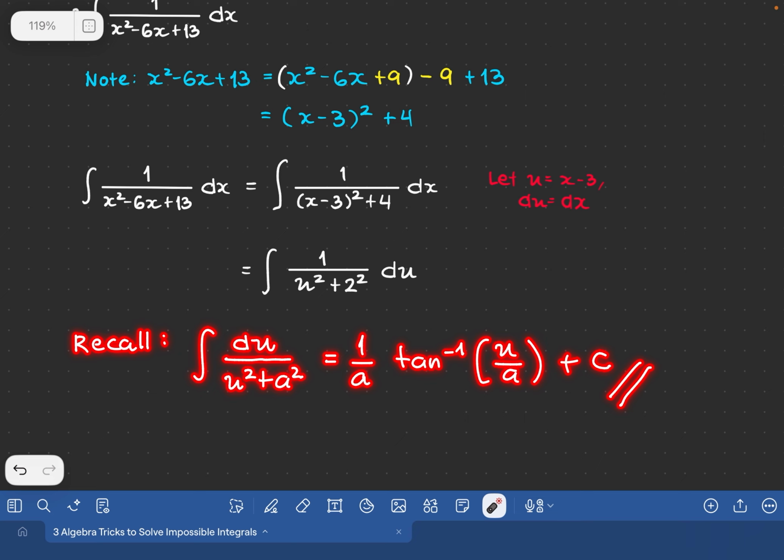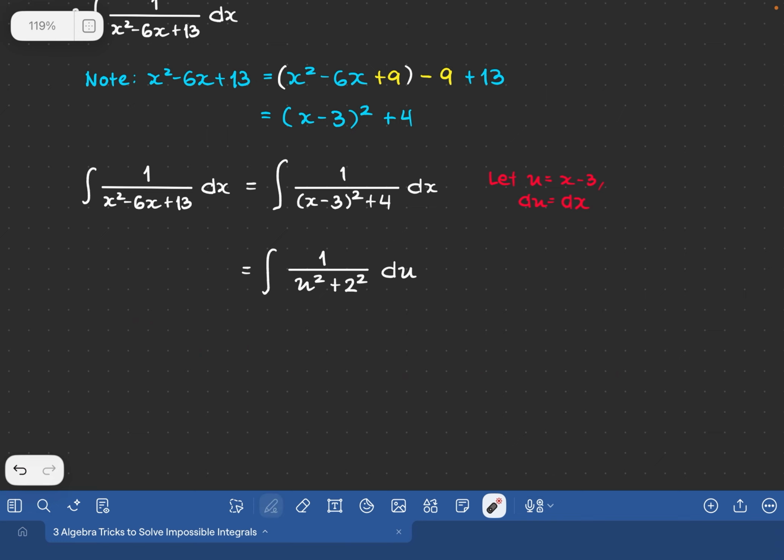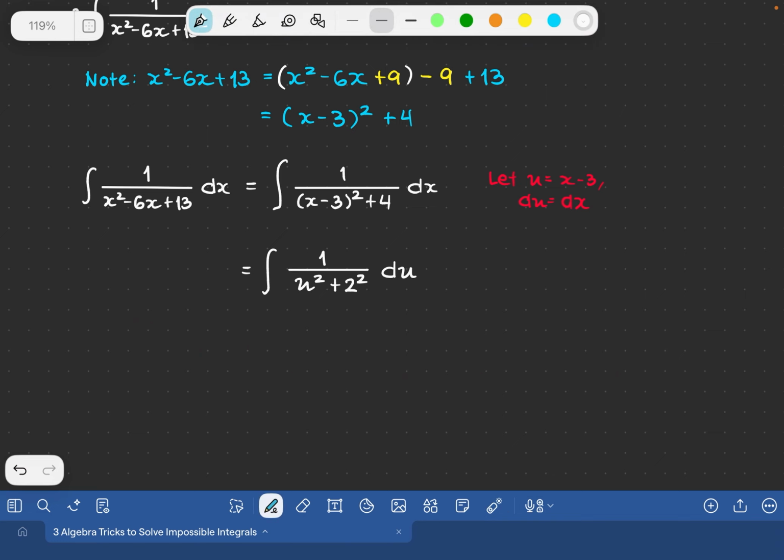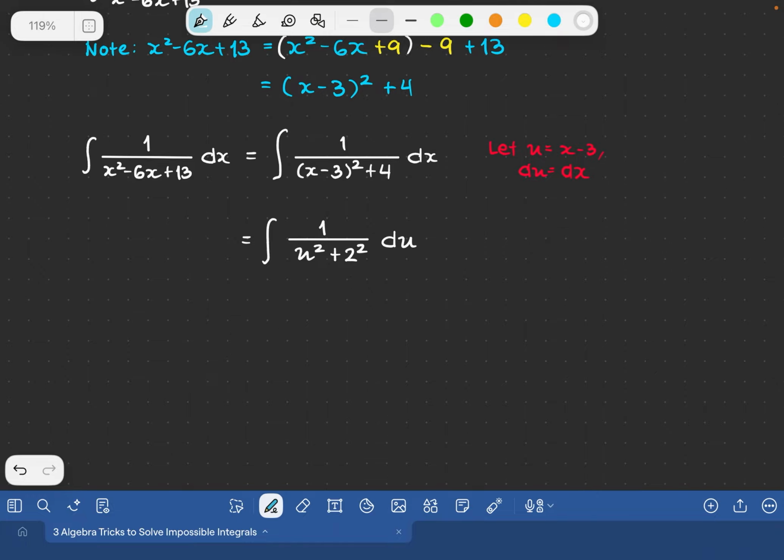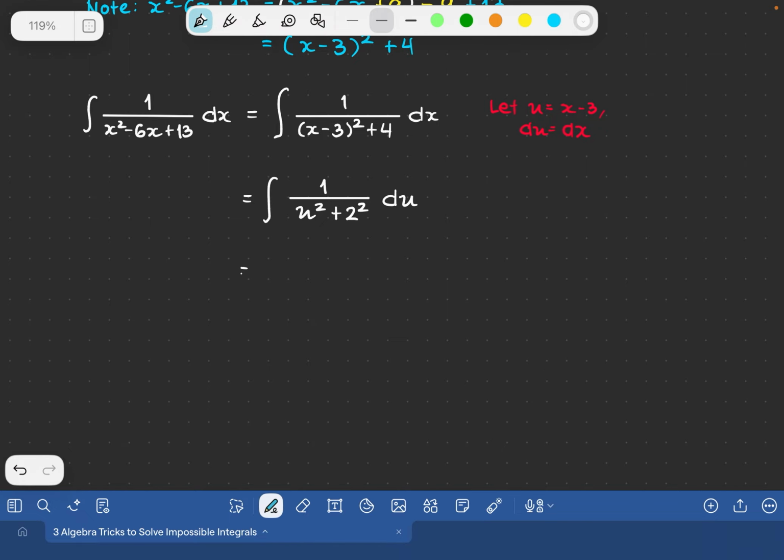Make sure that you have taken note of this. I hope you were able to take note of that one. Applying this to what we have, this just simplifies to 1 over 2 tangent inverse of u over 2 plus c.